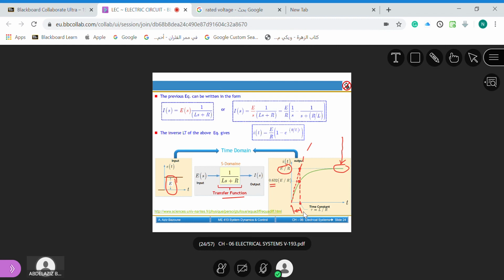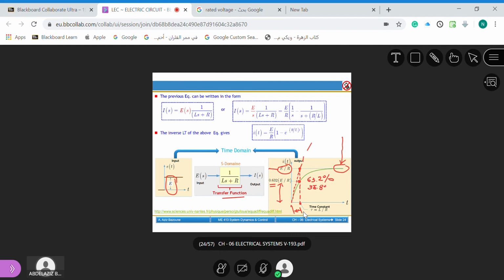The response here is 63.2% of the final value. Here we have 63% of the final value. If you remember, when we studied the free response, it was 37, or 36.8.